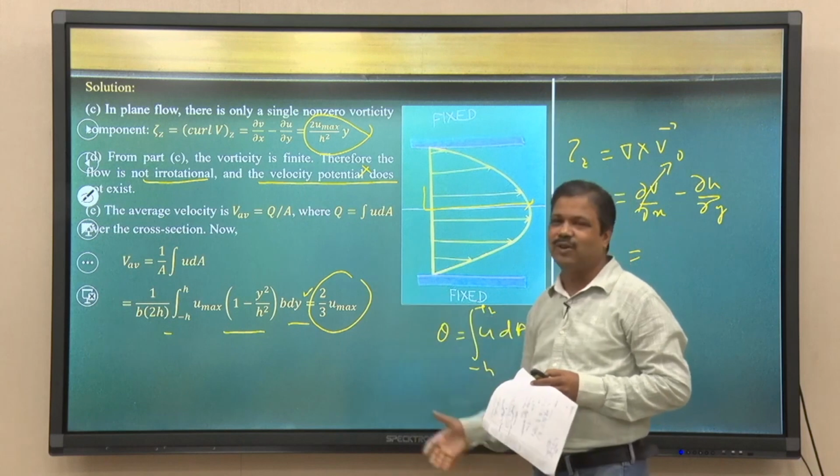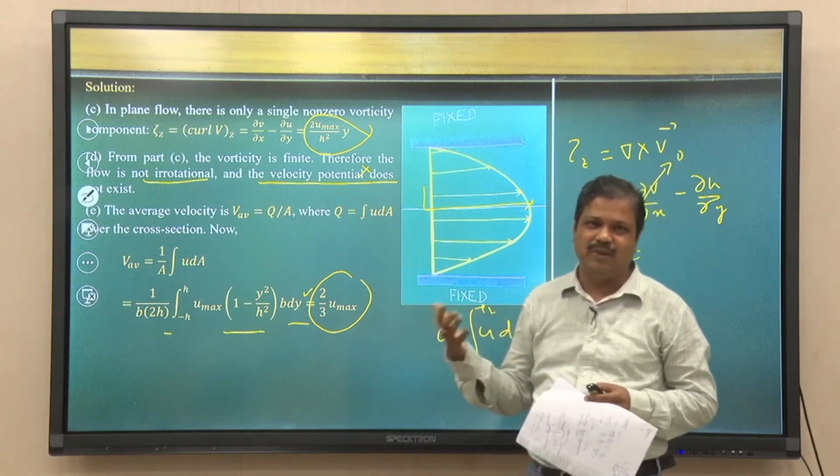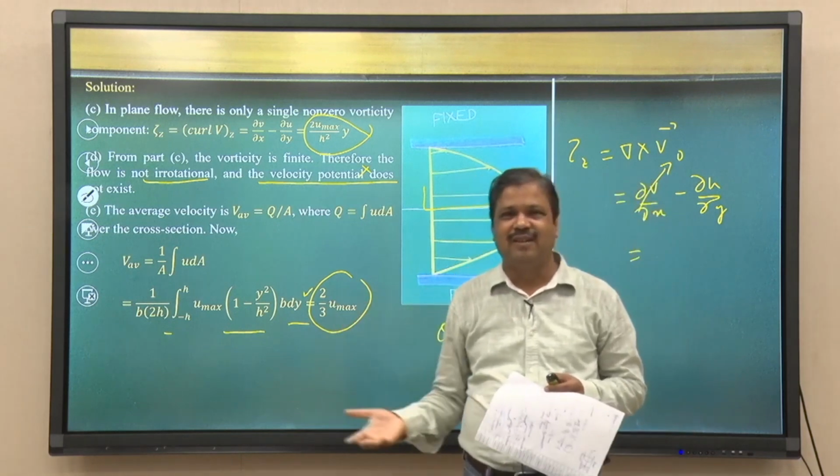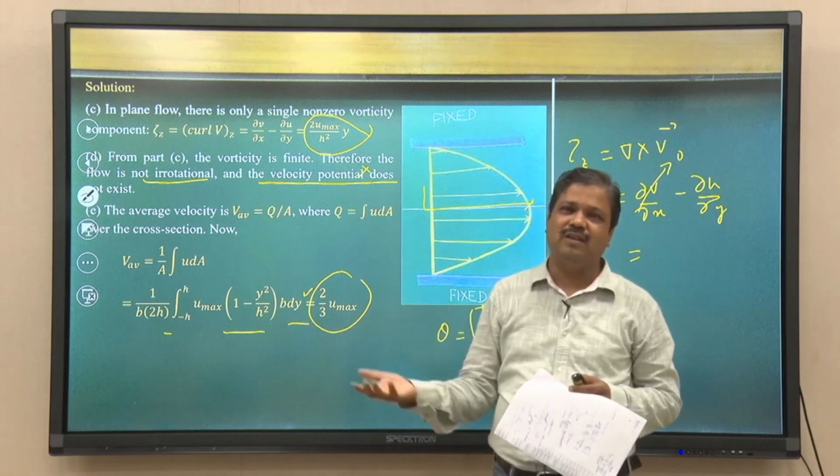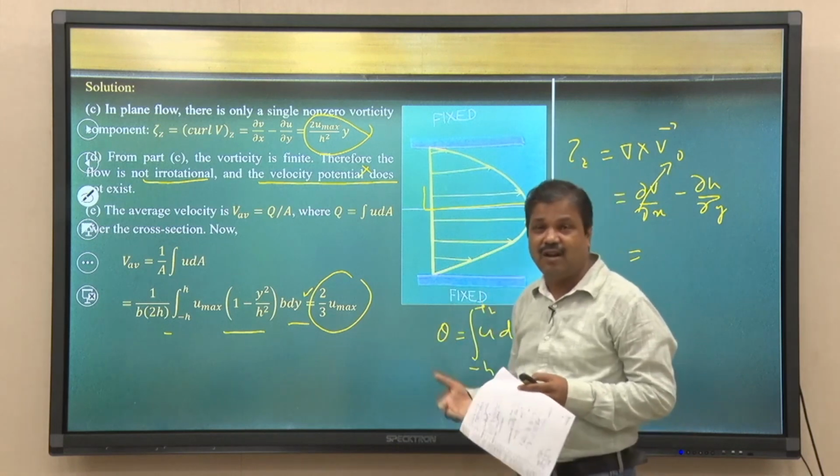We try to get what will be the average velocity, what will be wall shear stress, what will be the stream functions, what will be the velocity potential function or the vorticity.